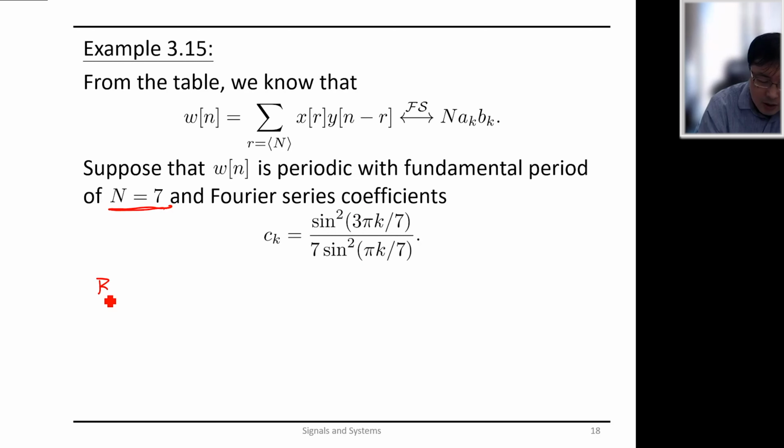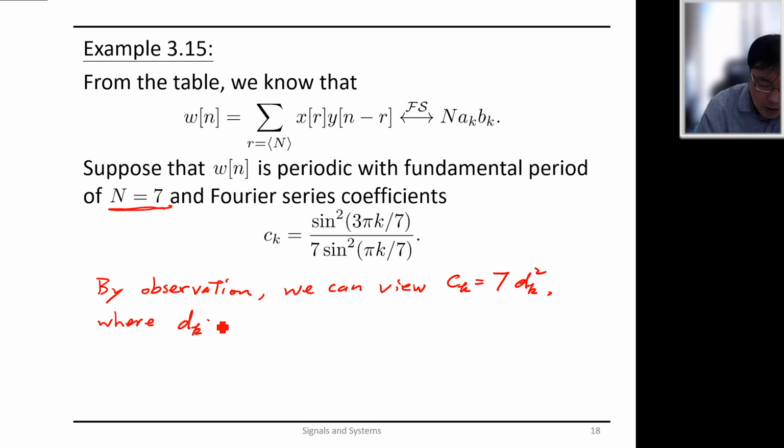So by observation, we can view CK as, actually, let's say 7 times dk squared, where dk is 1/7 sine 3 pi k over 7 over sine pi k over 7.